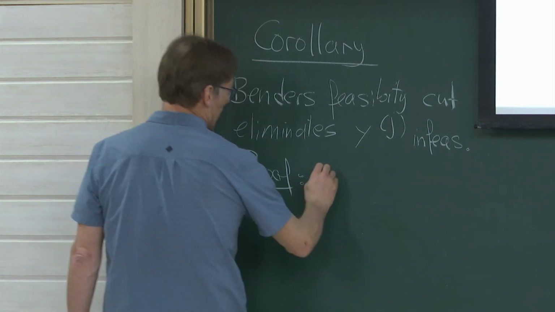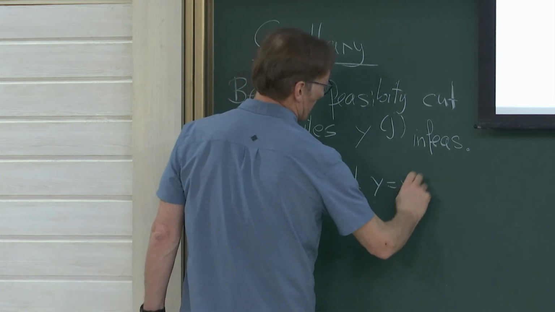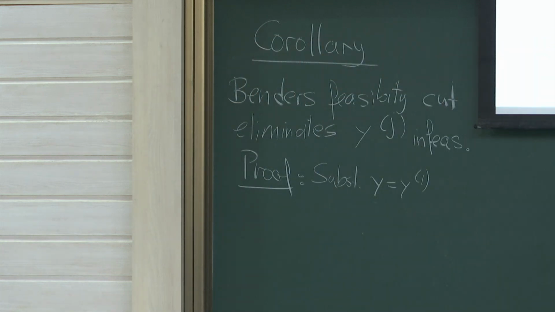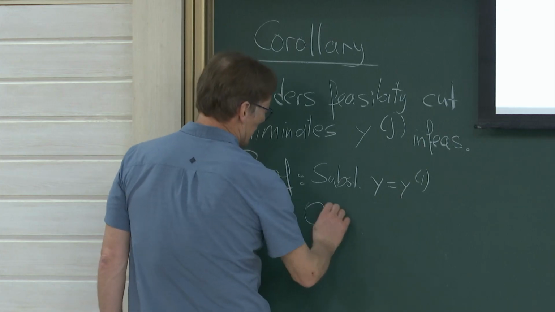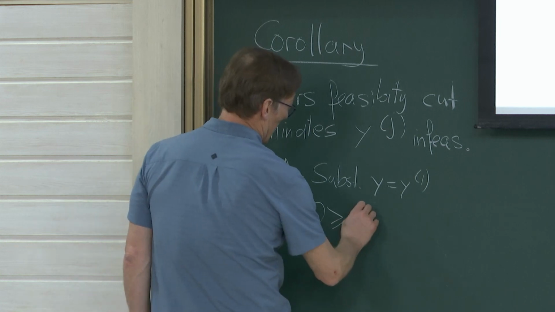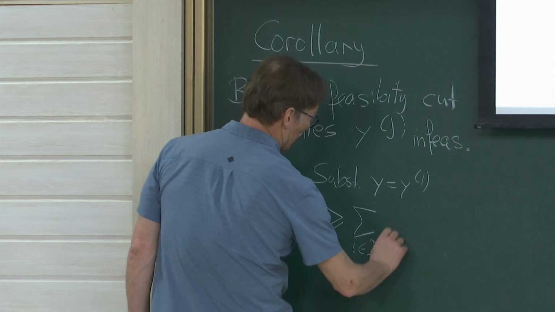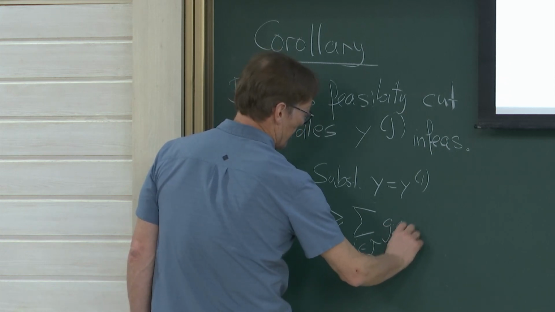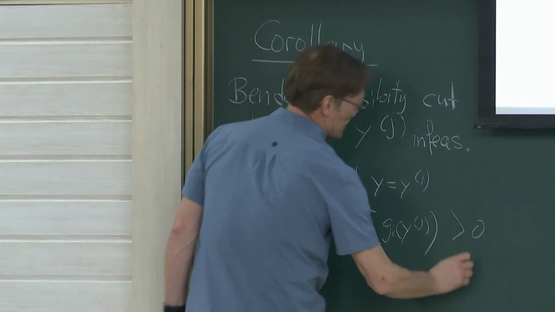We just substitute y equals yj, and then we get that the second term here will vanish because y is equal to yj, and we just have 0 greater or equal to the sum over i of the infeasible constraints gi of yj, and we know that this is positive.